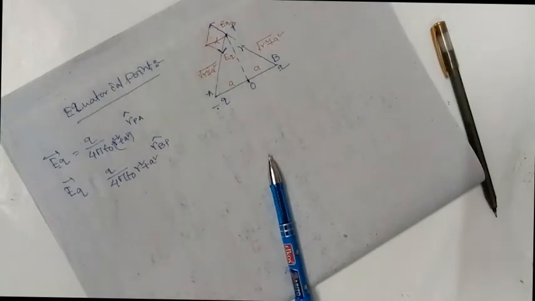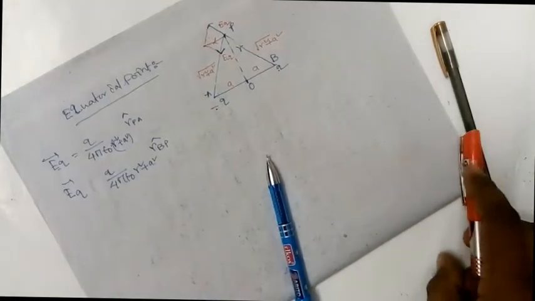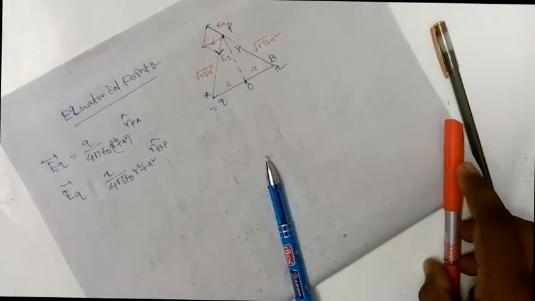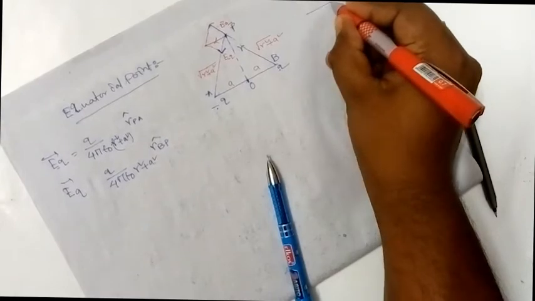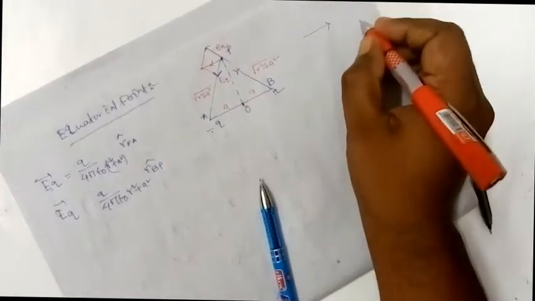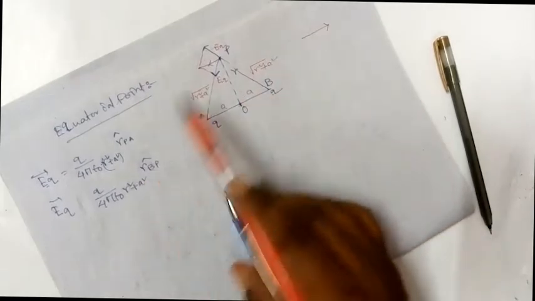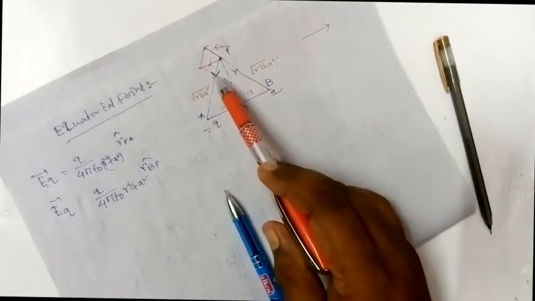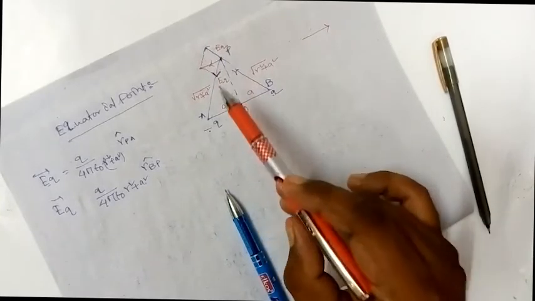Okay, see, if I'm talking about the magnitude, both the magnitudes are the same. To represent a vector, we use an arrow sign, that we all know from class 11. Here, as the magnitude is the same, the length of the arrow in both cases will be the same.